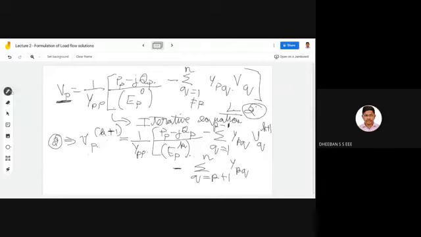So here you can see very clearly that if you are going for the iterative purpose, two values of the voltage have to be considered: the voltage at the future bus and the voltage at the past bus.